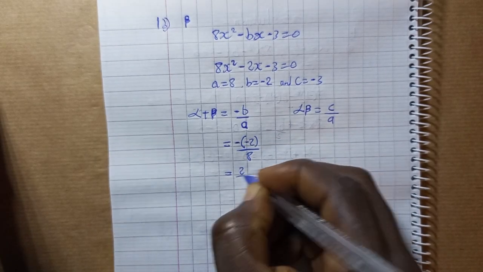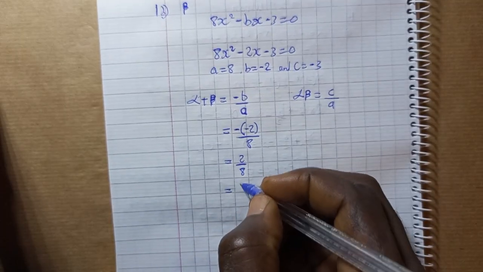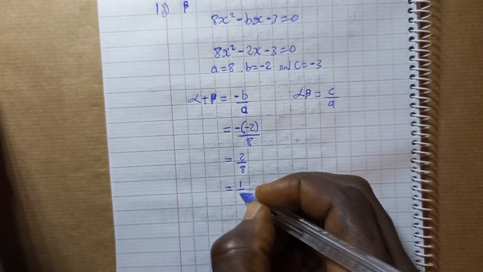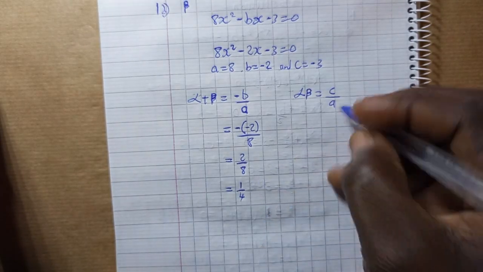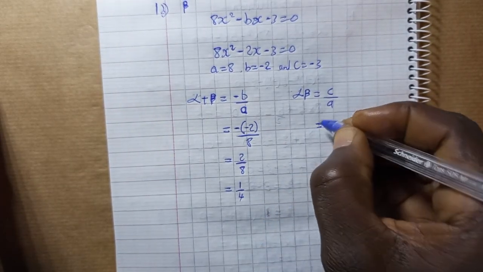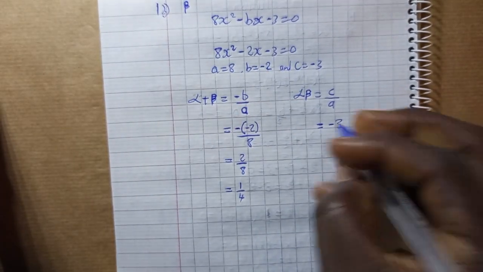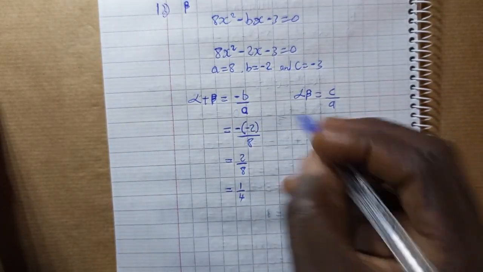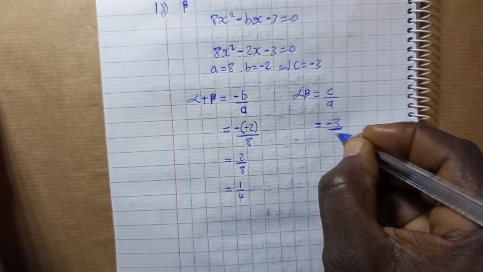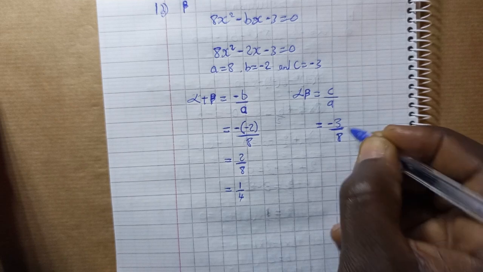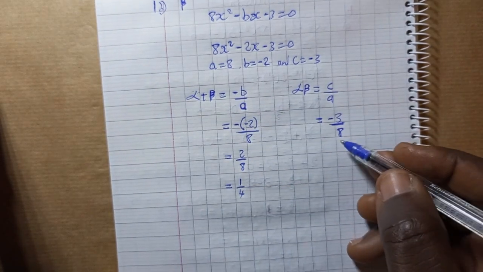I will have 2 over 8, which is simplified down as 1 over 4. That's 1 over 4. Also on this side, our c is minus 3, and then the a is 8. So this is the sum of roots and product of roots.